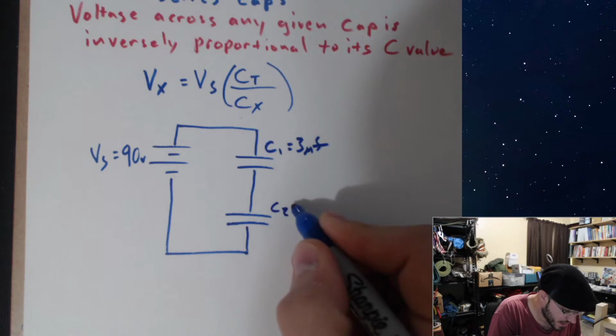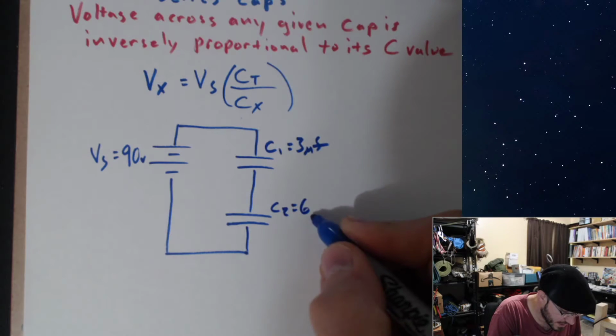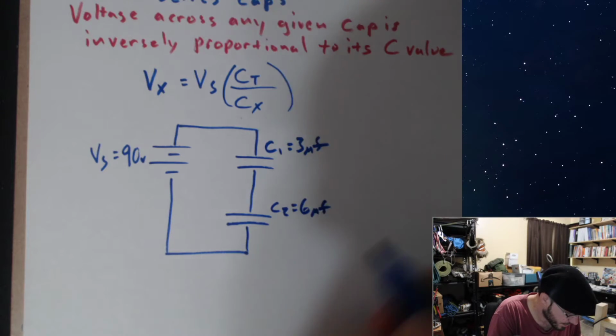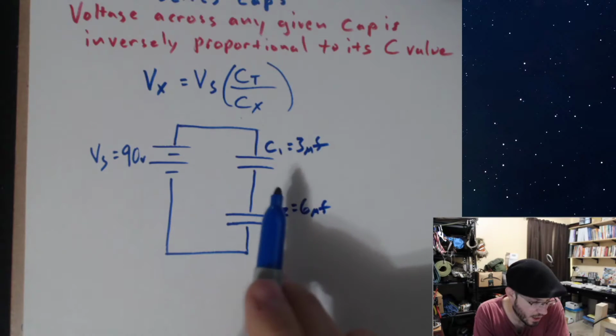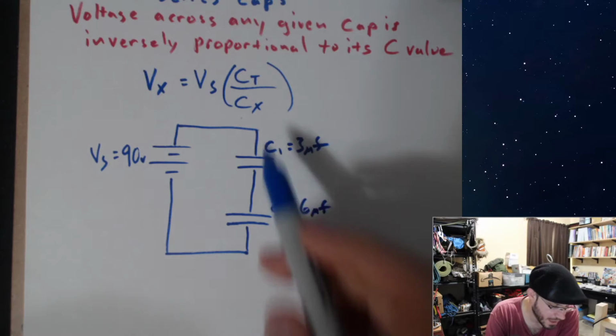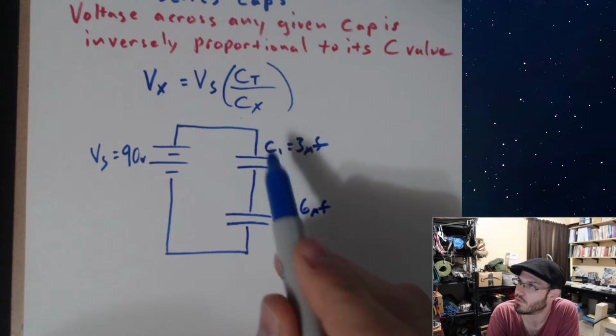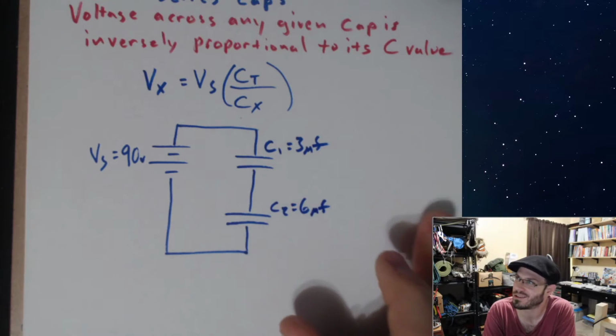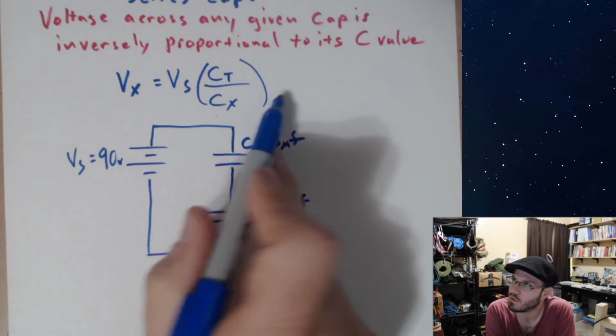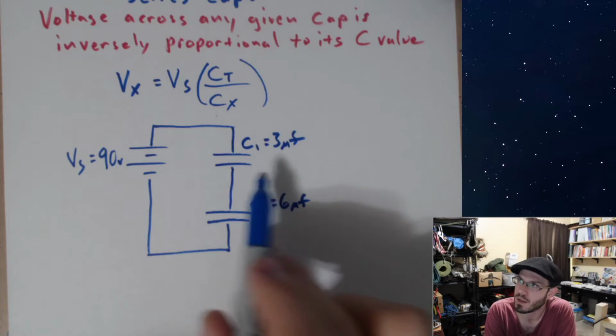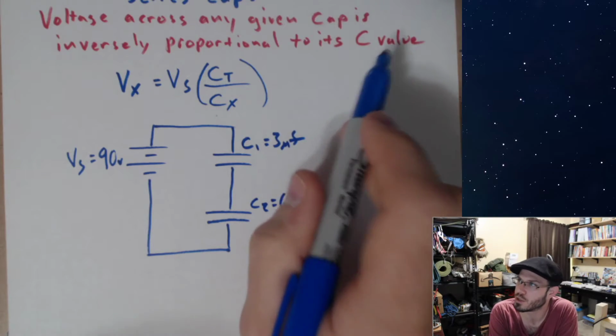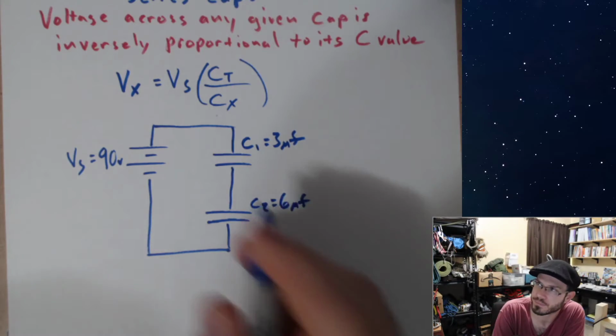And let's say C2 is equal to 6 microfarad. And now I think a logical question would be, well, how much voltage is across the first cap and how much voltage is across the second cap? We can use this to figure that out because it is inversely proportional to its capacitance.